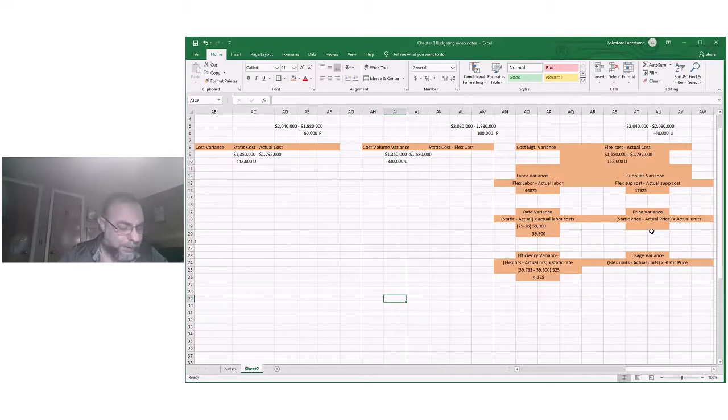If you look at the price variance for the supplies, we've got $1.50 versus $1.88.